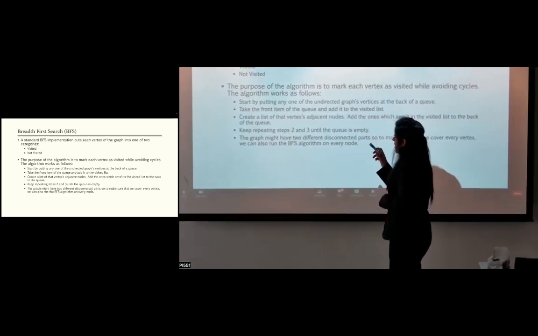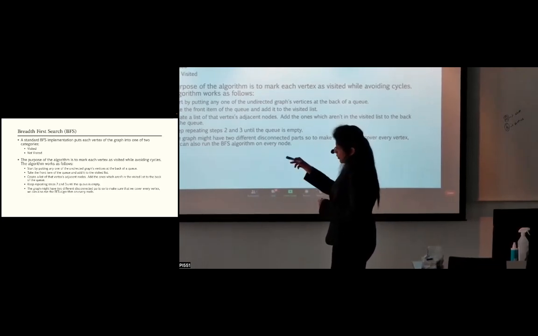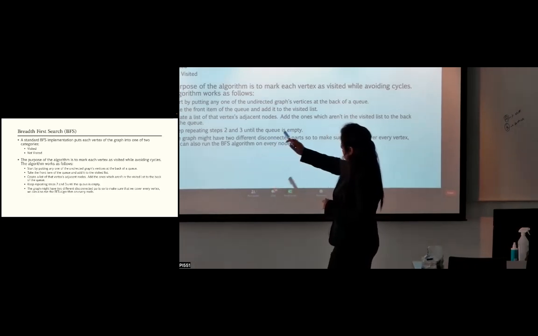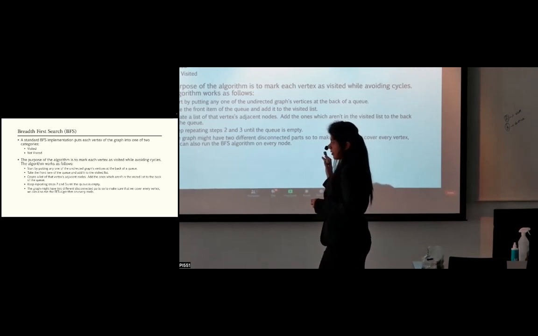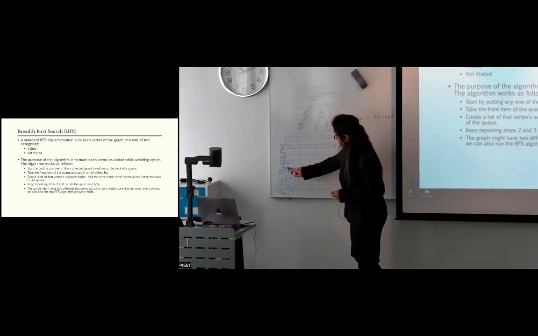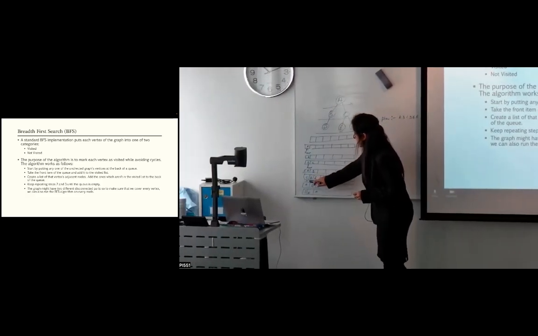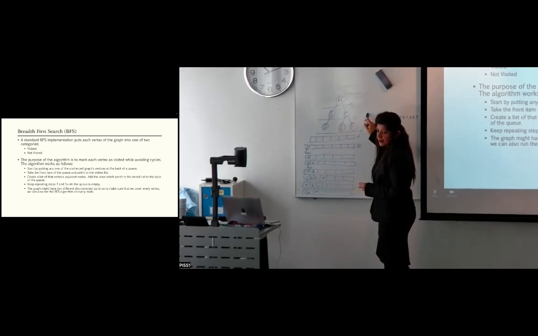For example, start by putting any one of the undirected graph's vertices at the back of the queue. Take the front item of the queue and add it to the visited list. Create a list of that vertex's adjacent nodes. We just need to have the adjacent nodes B, and then C. Adjacent nodes, we don't have any.